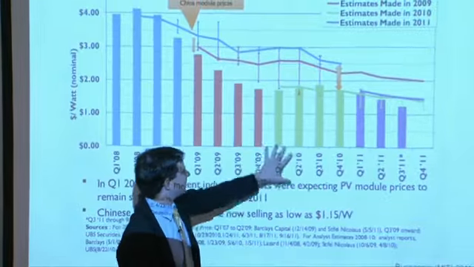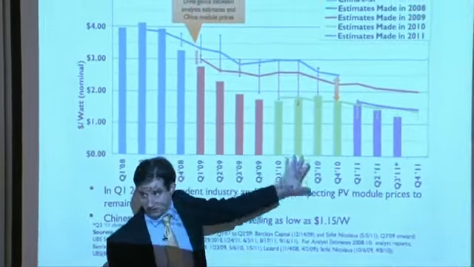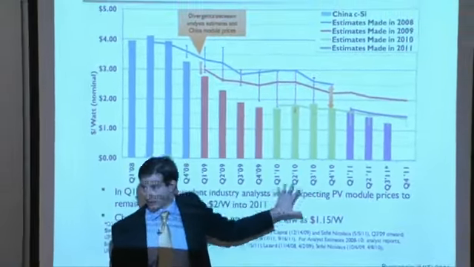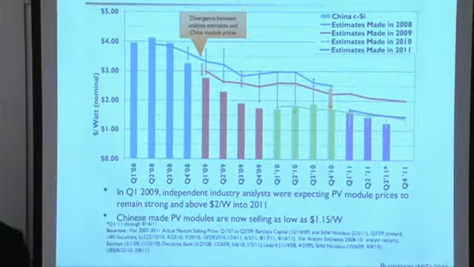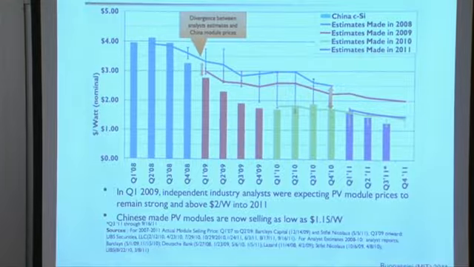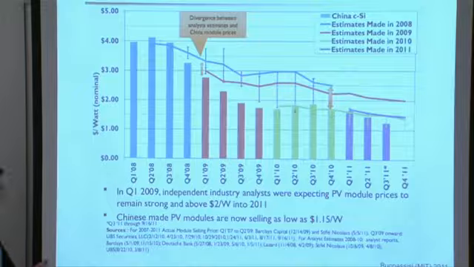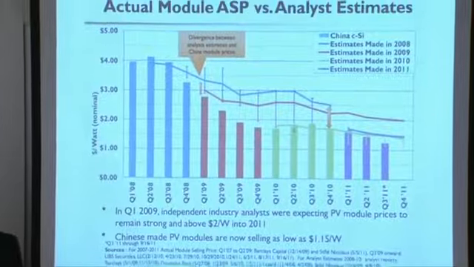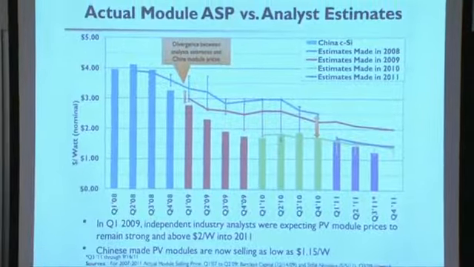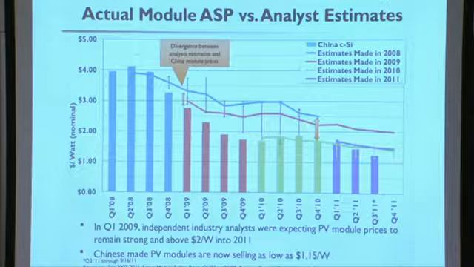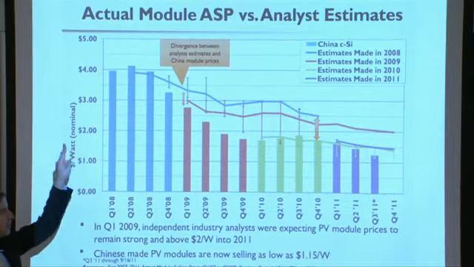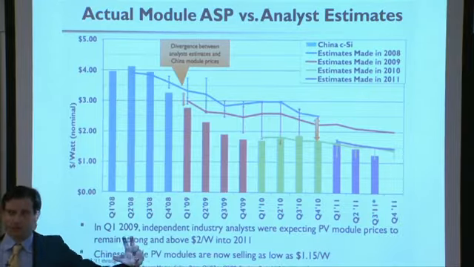I don't think people expected that Germany would cut the feed-in tariff rate quite as large as it did in 2009 and 10. And some people who haven't been paying attention to the market might not have expected as much supply to be available from China as there is today. Those people should have been paying better attention. But that combination of factors resulted in a much faster price decline than what people saw coming.